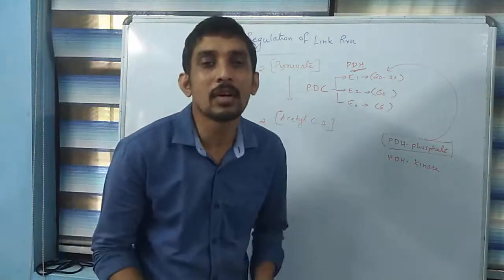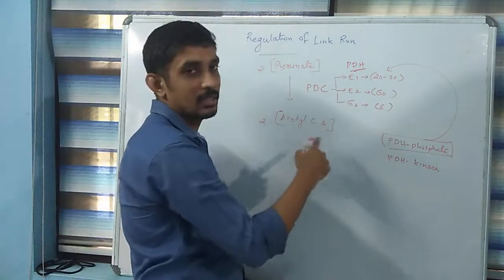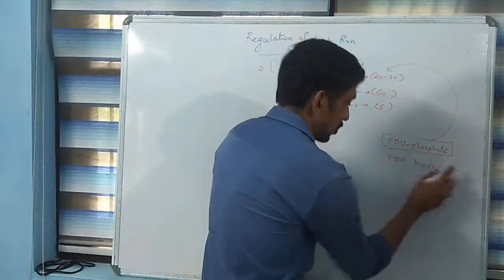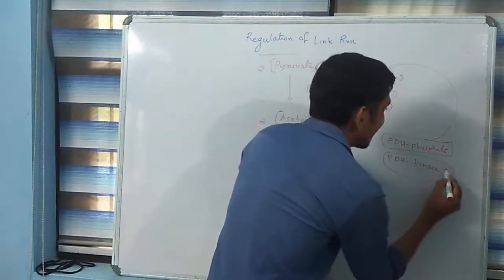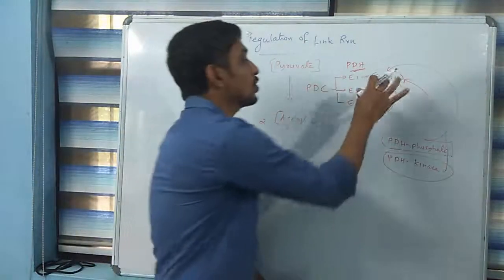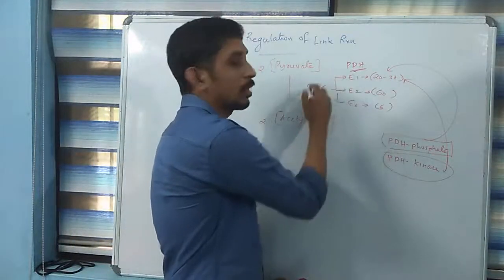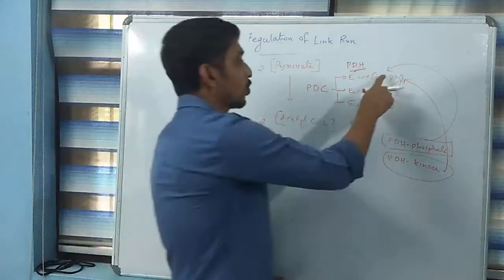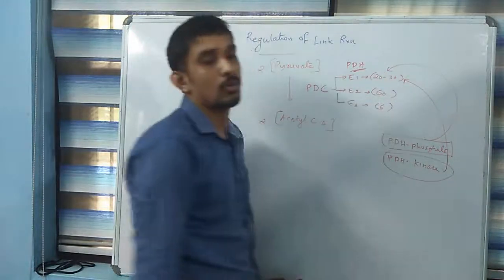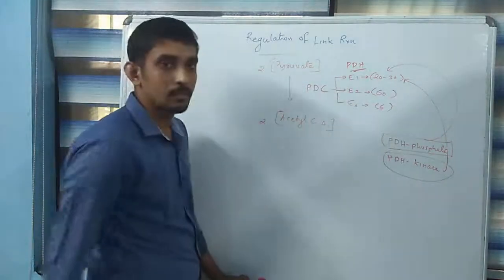The dephosphorylated enzyme 1 becomes highly active. Then that active enzyme can catalyze this reaction very smoothly. Suppose instead of phosphatase, PDH kinase phosphorylates this enzyme 1, then the phosphorylated enzyme becomes inactive. The inactivated E1 cannot catalyze this reaction. So dephosphorylation of enzyme 1 results in smooth working, and phosphorylation of enzyme 1 results in inhibition of this process.